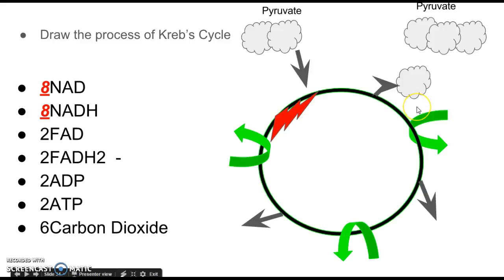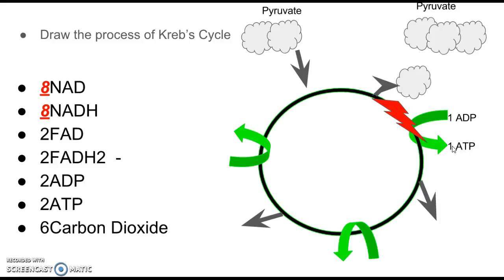As it breaks off one, that pyruvate travels through, changing an ADP into an ATP. That means when we broke off that bond, it changes from a 3 carbon chain to a 2 carbon chain. This then releases a little ATP.